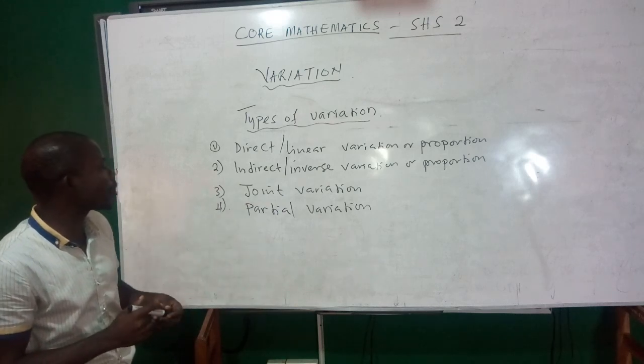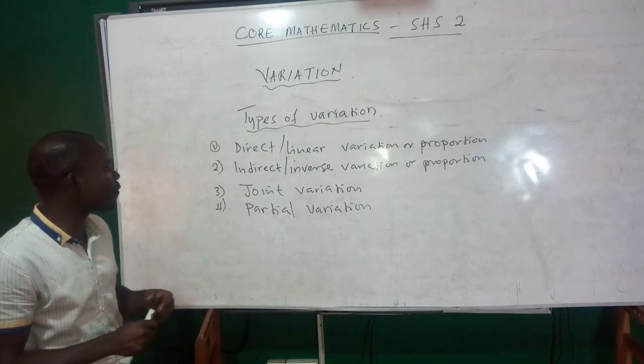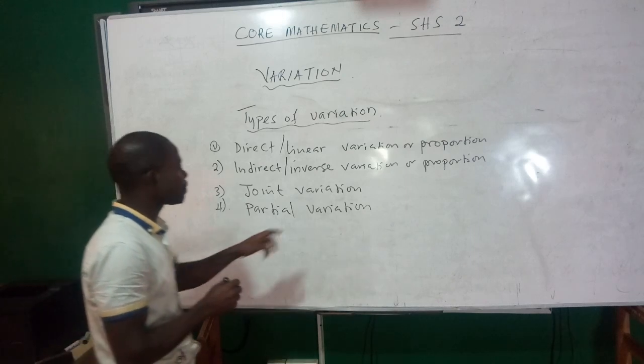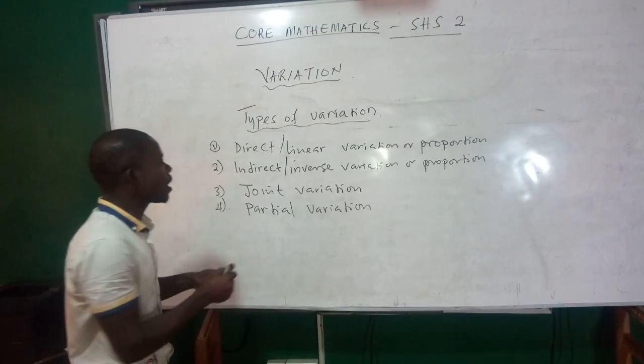Number 3, we have joint variation, and number 4, we have the partial variation.